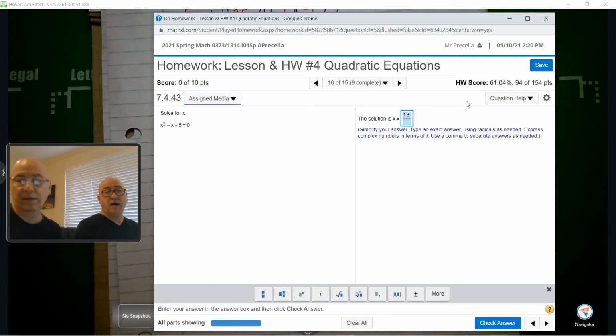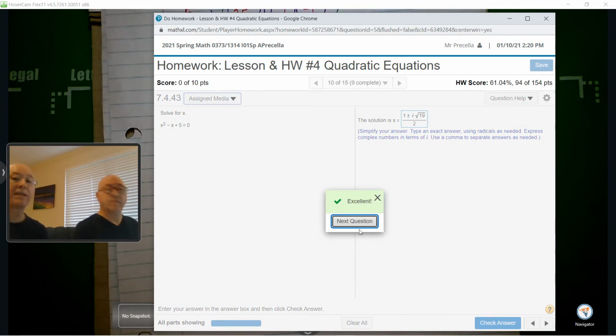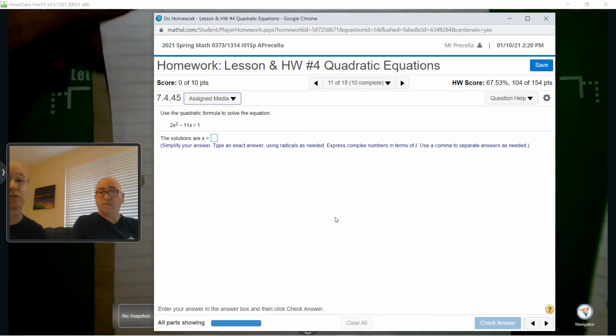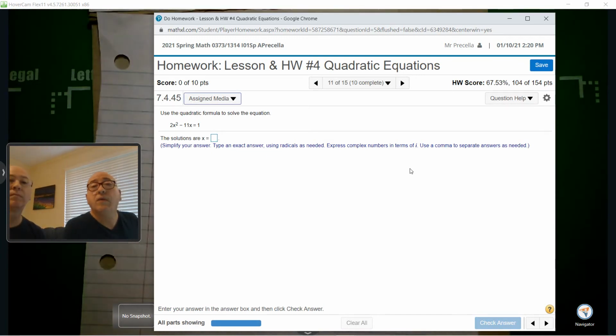Okay, so it's i square root of 19, and on the bottom, what is it? A 2. Check answer. Okay, so they did take it all as one fraction. They would have taken it split up also. Definitely the split up. So, number 11.